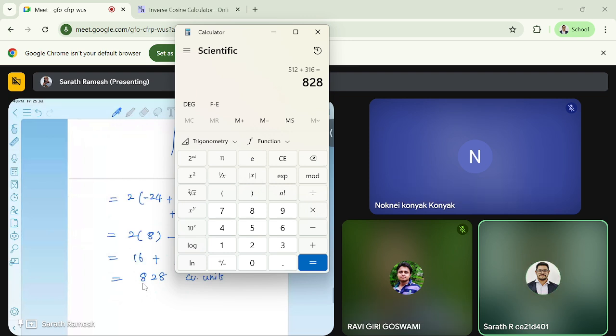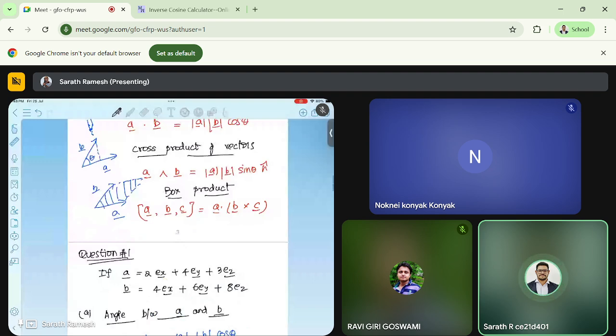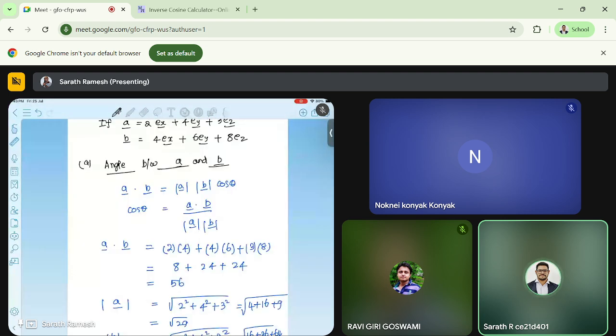First, the angle between A and B is nothing but the one which we easily compute using the dot product: cos theta equals A dot B divided by mod A mod B. And the length of the diagonal of the parallelogram whose sides are A and B. Here we need to know the parallelogram law of addition, where the diagonal passing through A and B gives us the addition of these two vectors.